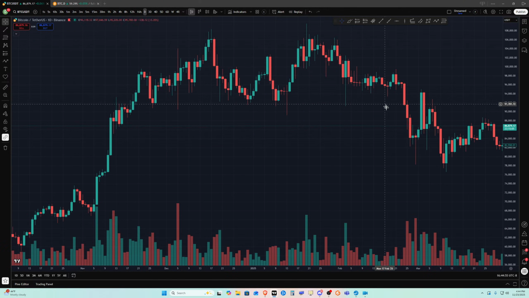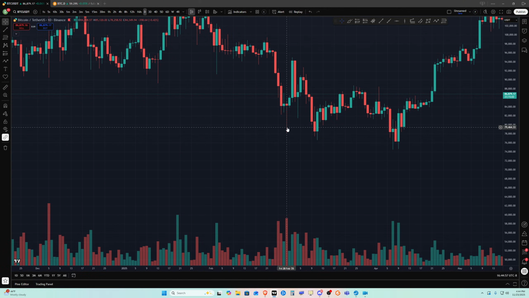There's a high here and it went down. You come down here, you start seeing at these lows right here, this low candle and this candle, there was an increase in volume compared to this section beforehand. Cool. It bounced.